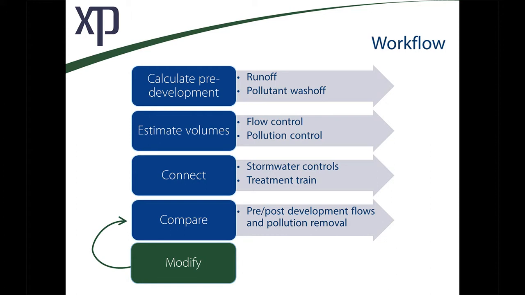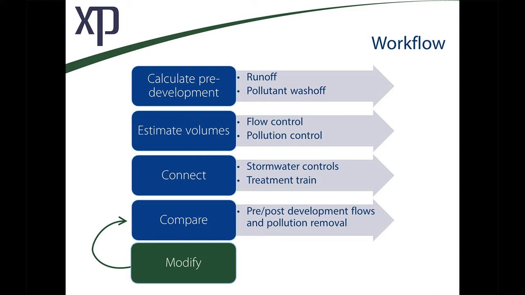And then we move on to actually building a mitigation option, building a number of stormwater controls, in some cases, or maybe just one, into a treatment train, connecting those up, locating them on site, and showing how that works. When we come to our results, we normally want to compare our pre and post development flows and pollution removal. And of course, we all know that we're likely to have to modify a design and go back round the loop. So this is the workflow we're going to be working through, we're going to show you today.